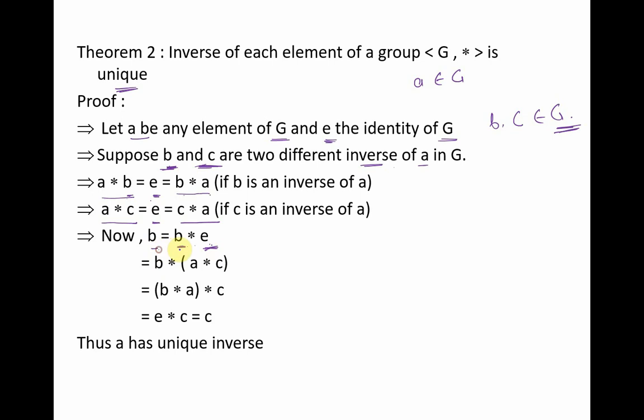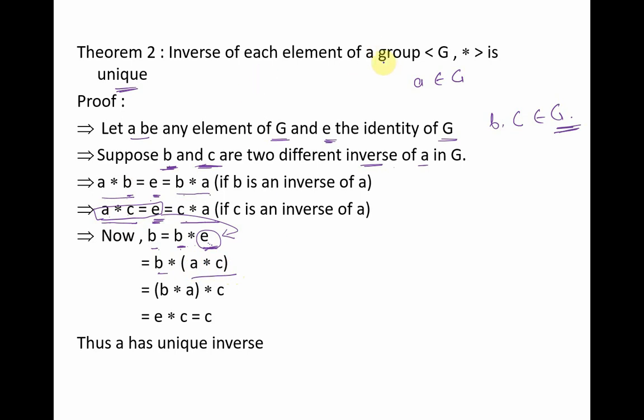So B is equal to B star E. Now, this identity element I can take from here. Identity element E can be written as C star A or A star C. So I can write B star E as B star A star C, where E is written as A star C.